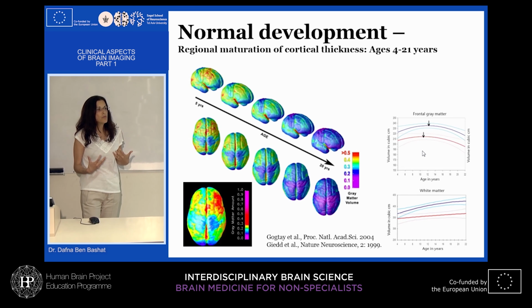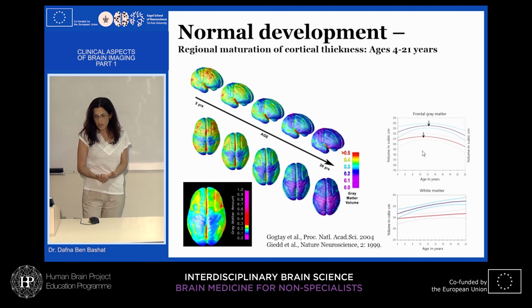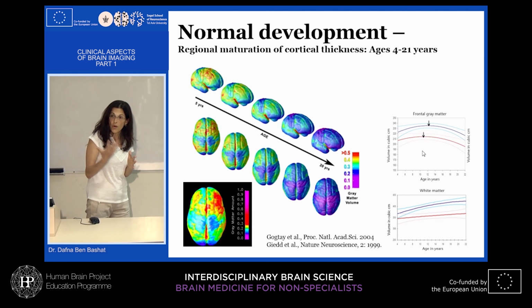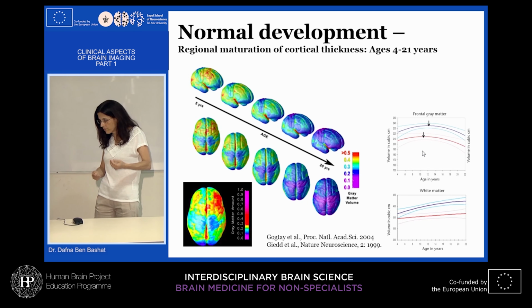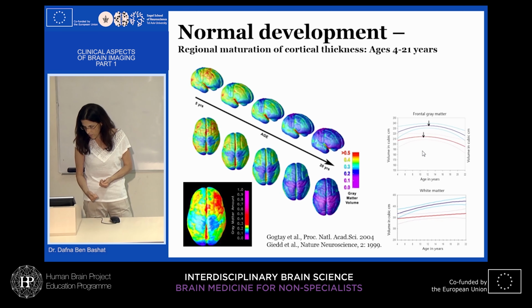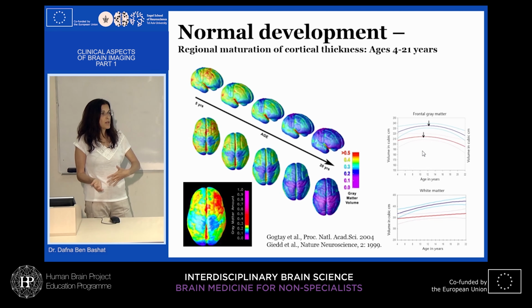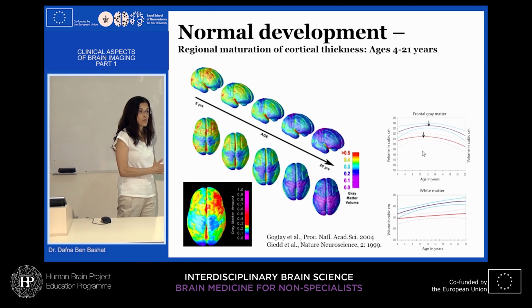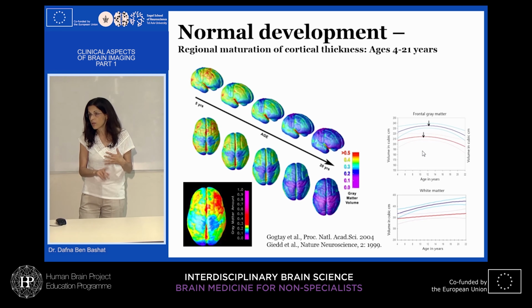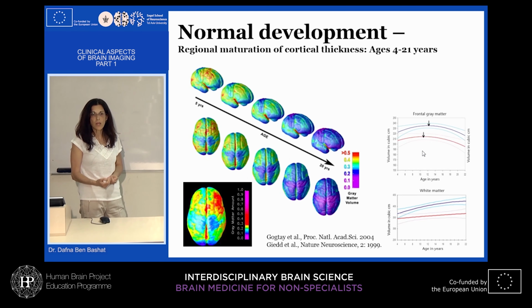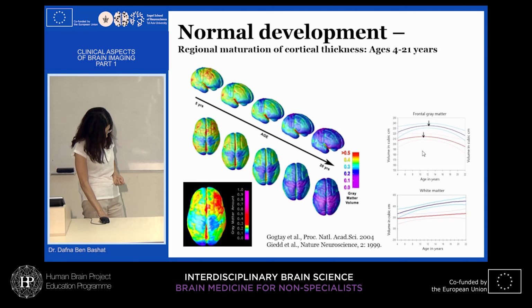We know what is expected in brain development, with a specific pattern of how the cortex matures and how connections are established. With knowledge of normal development, we can say that a child has macrocephaly or a big or small brain, and then learn about various developmental disorders.